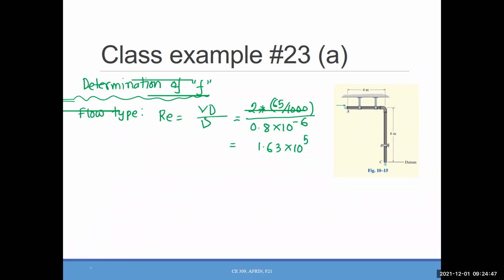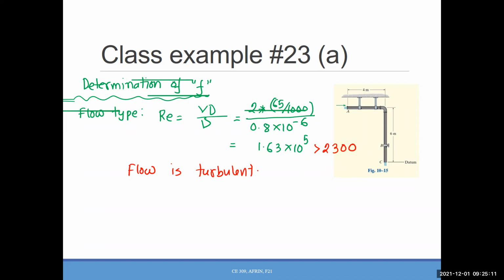Now this number is way higher than 2300. That was the critical Reynolds number, which will determine whether the flow is laminar or turbulent. So that means the flow is turbulent.